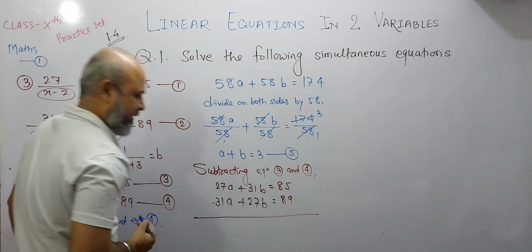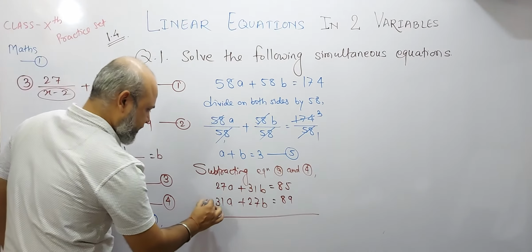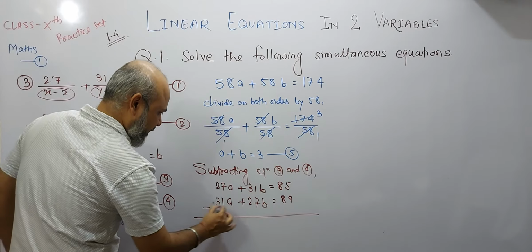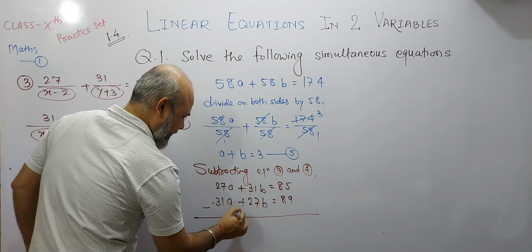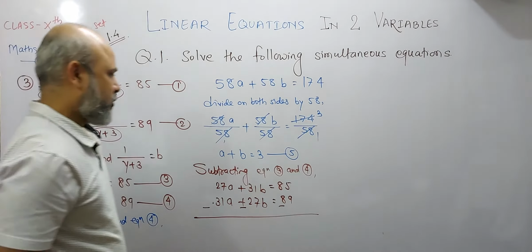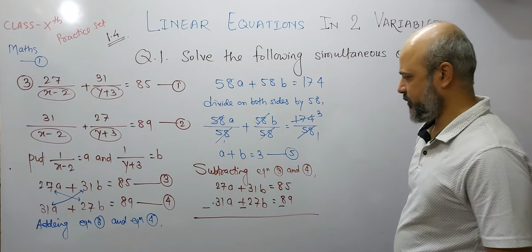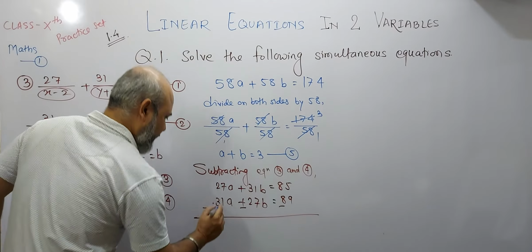Now you have to subtract equation 3 and equation 4. When you subtract, this plus sign becomes minus, this plus becomes minus, this plus becomes minus. So what you will get? After subtraction, minus 4a.